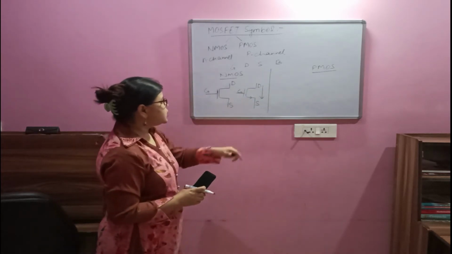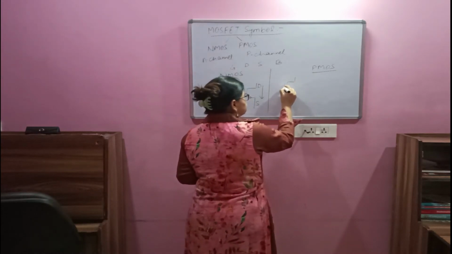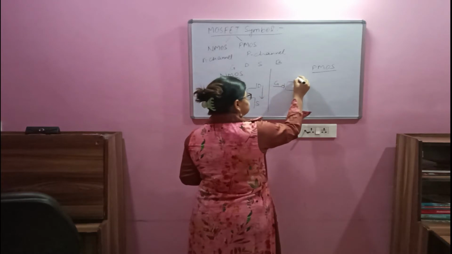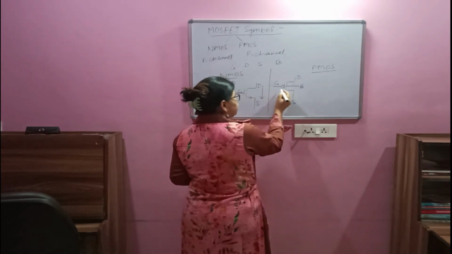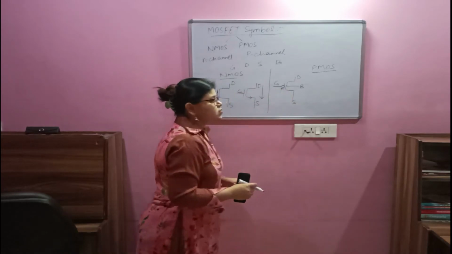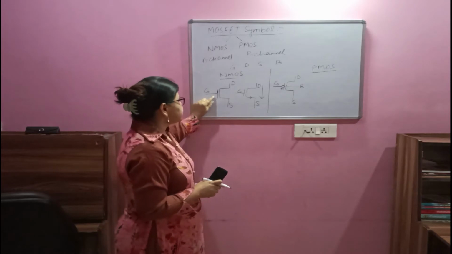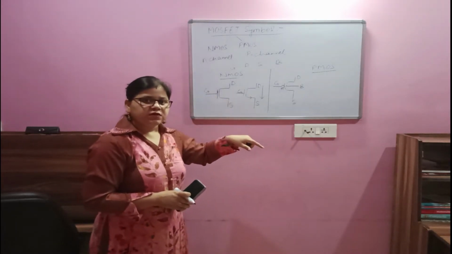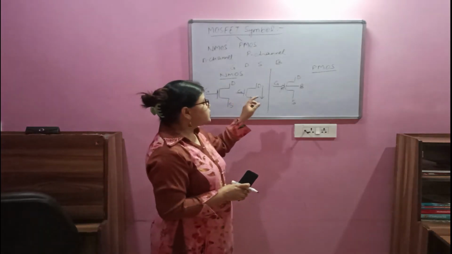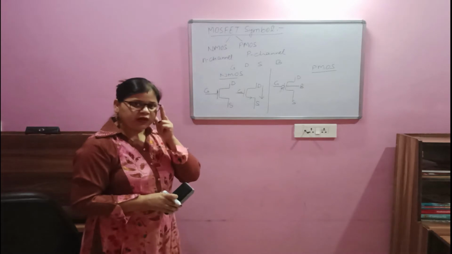Now, reverse to this, PMOS will be symbolized like this. This bubble over here shows the inverted operation with respect to the NMOS, because both are complementary devices. NMOS behaves in an inverted way compared to PMOS, or we can say the PMOS is a complementary device of NMOS.